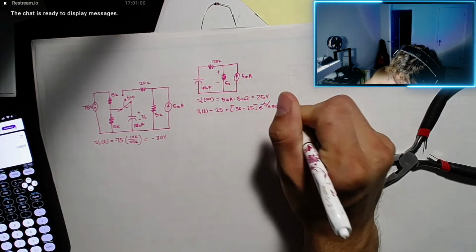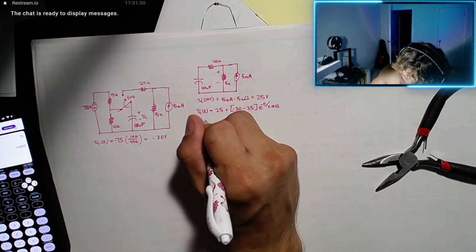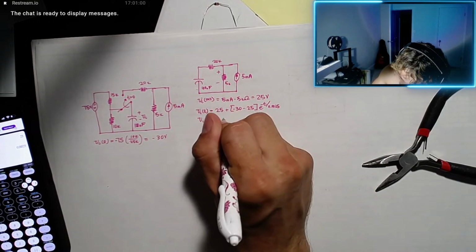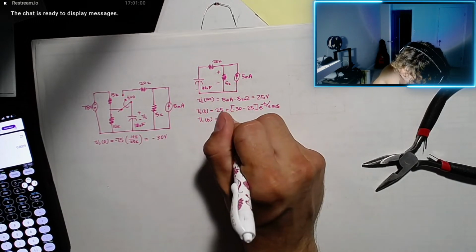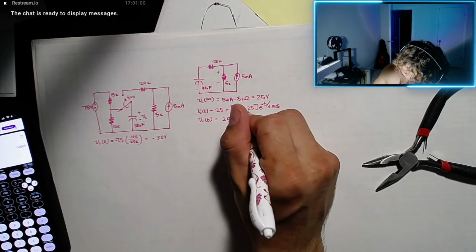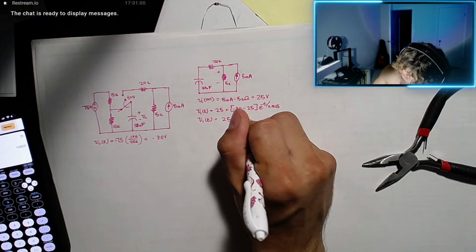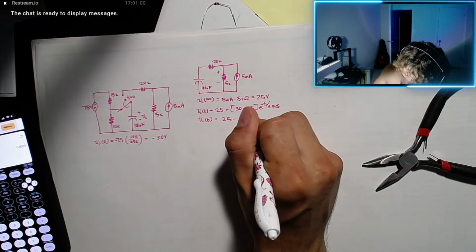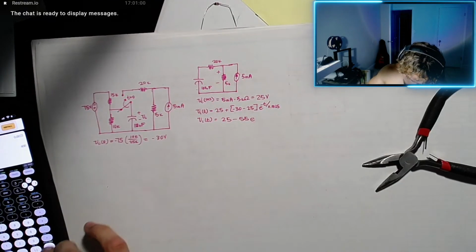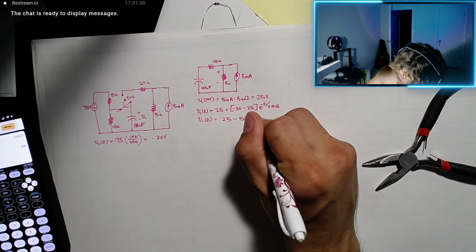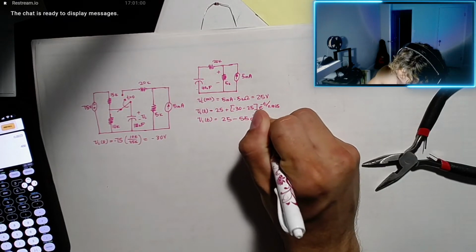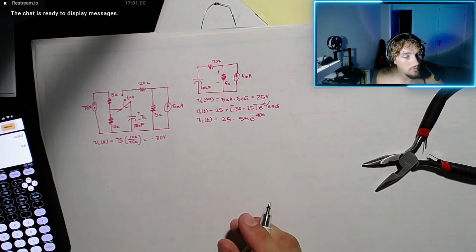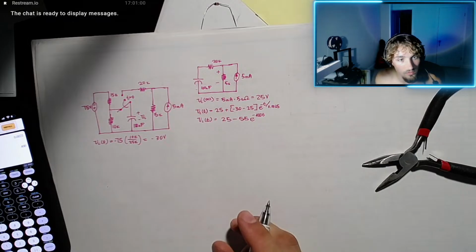So that's 0.0025. Okay, and what are the questions?